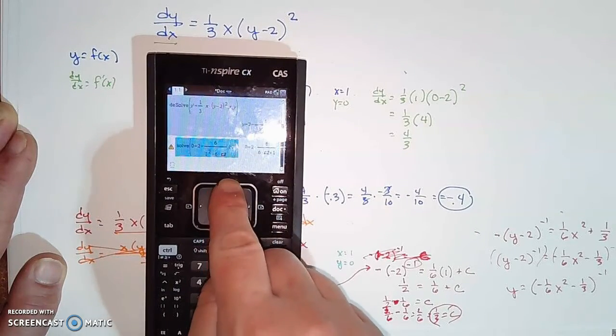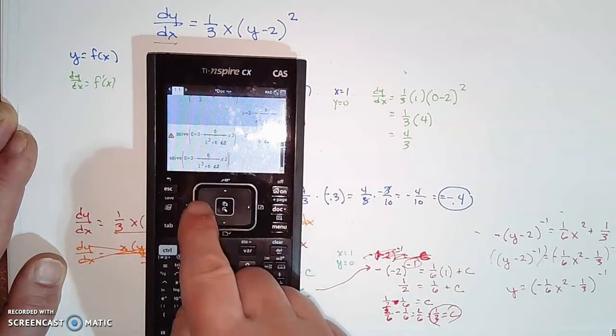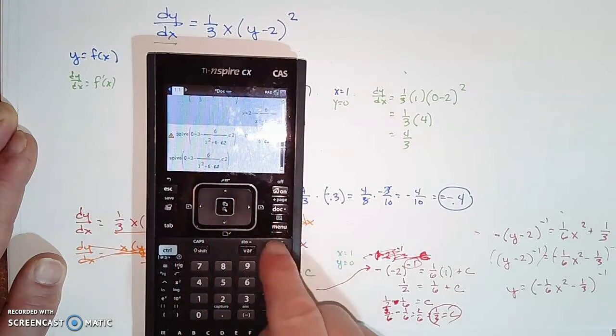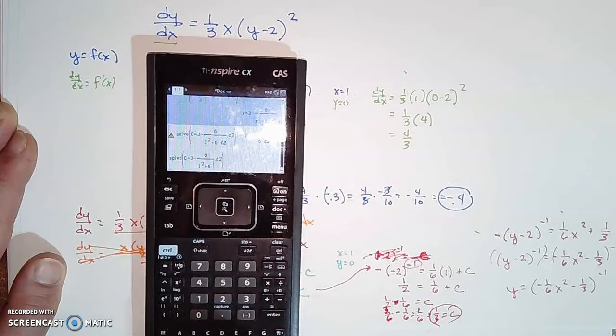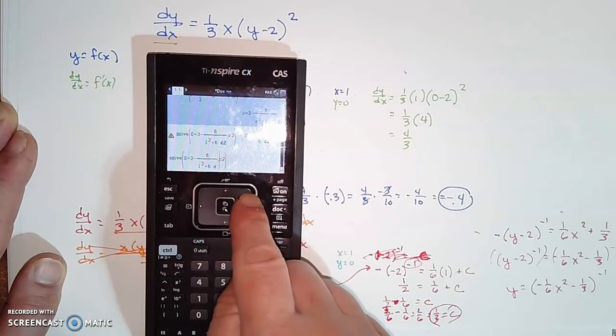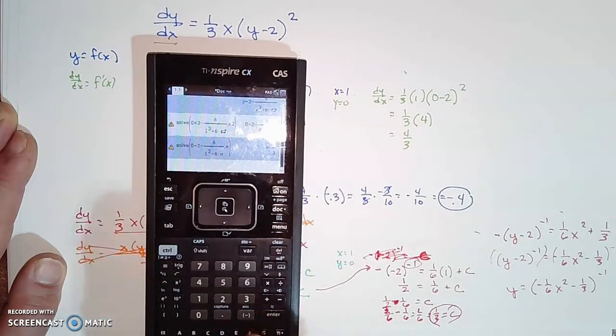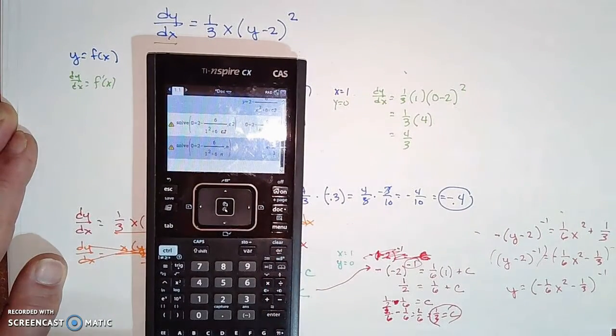That's not going to work because that C2 is not that C2. Let's try this: change this to some letter. Let's go N. And there's the answer. N is equal to 1/3. It would solve it out, and that's what we got from before on the calculator.